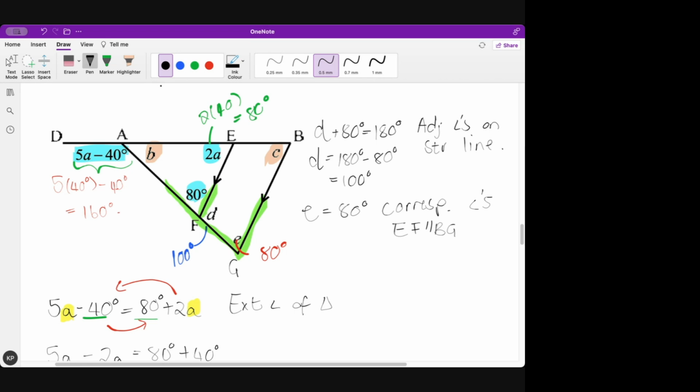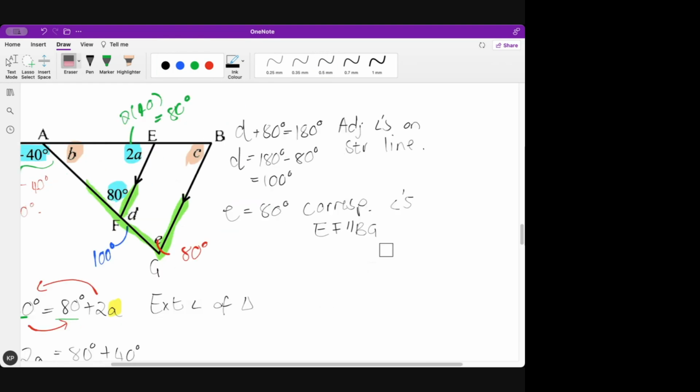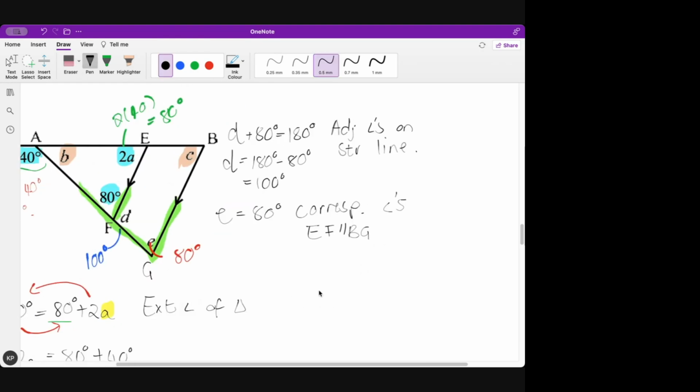Yes, we can do sum of angles in a triangle, and we can do adjacent angles on a straight line. So let's do the sum of angles in a triangle, because it's B plus 80 plus another 80. I'm going to write somewhere else because everything is now starting to look like one question.